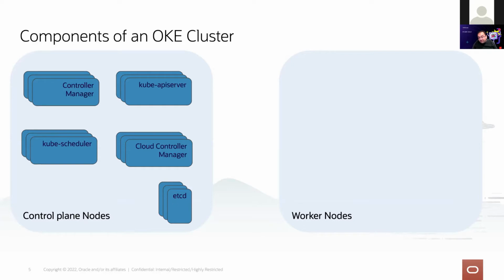The cloud controller manager is a specific Oracle thing. Every cloud vendor has a cloud controller manager, and it is kind of the bridge between the open source Kubernetes platform and a specific cloud vendor's APIs, right? So when you deploy a manifest containing, hey, I want a service of type load balancer, right? You can take that manifest and deploy it in OCI, and OCI's cloud controller manager is the component that notices that somebody's asking for a service of type load balancer.